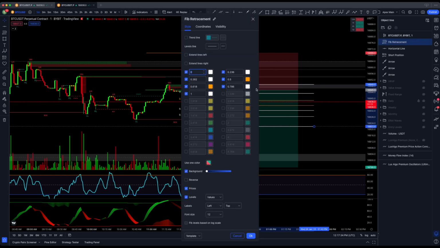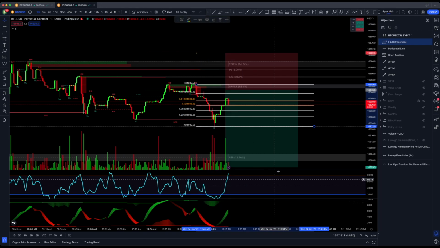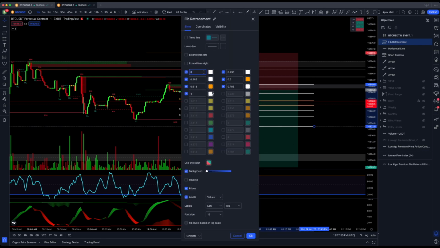So you can do 0.5, 0.618. So I could theoretically make this 0.65. Actually, I forgot that number again. My bad. So you make this one 1.